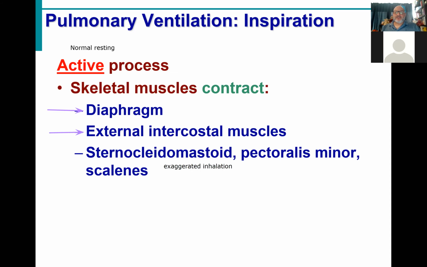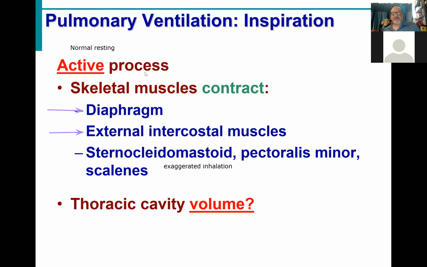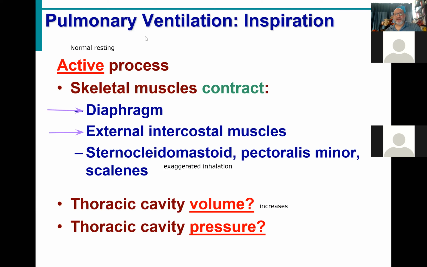And all of this action, the flattening of the diaphragm and the increasing of the thoracic cavity, does what to the volume of the thoracic cavity? Increases it. And so what effect does that have on the pressure inside the lungs?